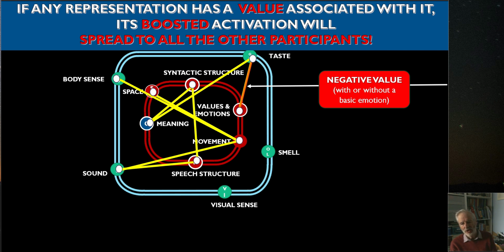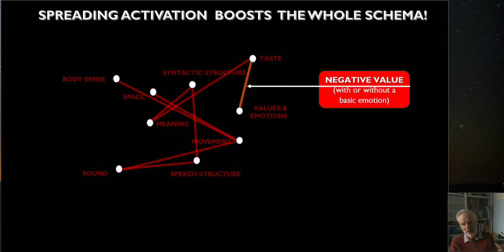So the activation that you see blinking here between the two will actually spread instantly to all the others. So spreading activation boosts the whole schema, gives an extra boost, what we call affective boosting. And how that's useful I will be able to tell you fairly quickly after this.